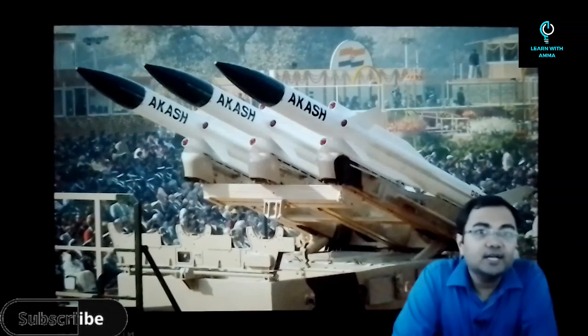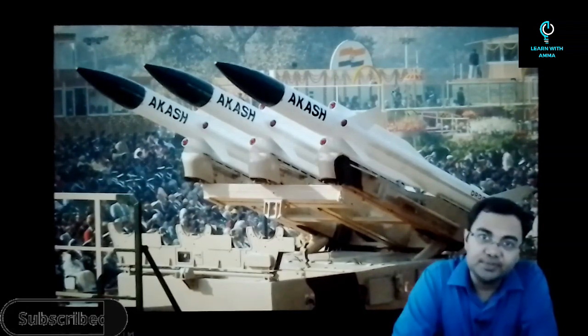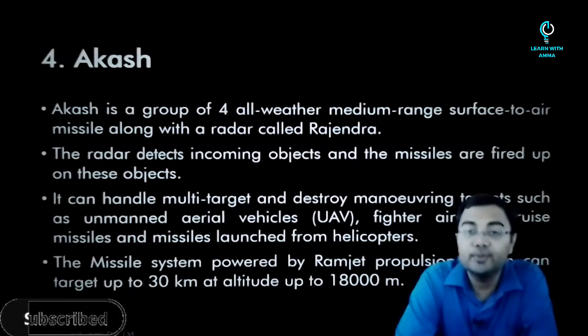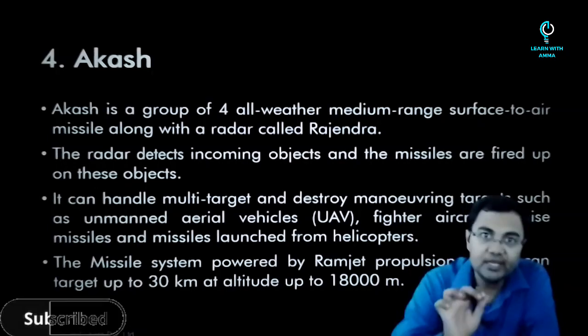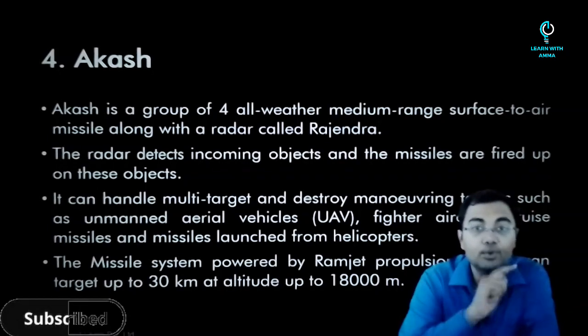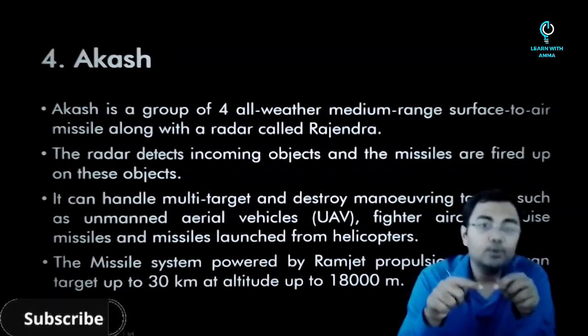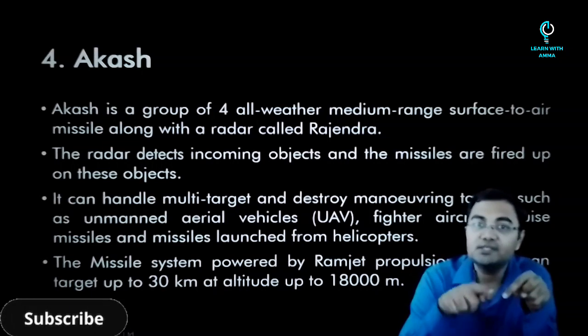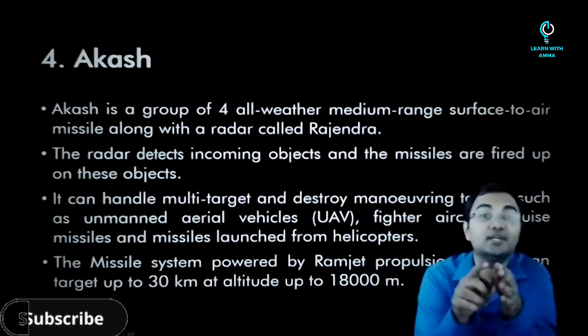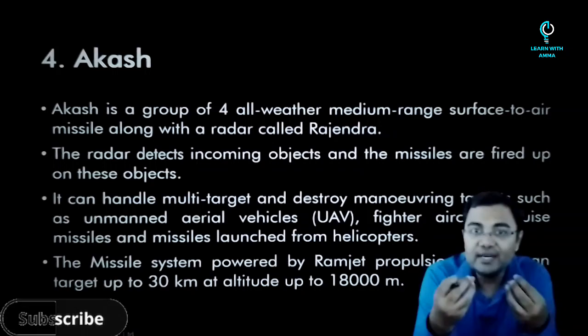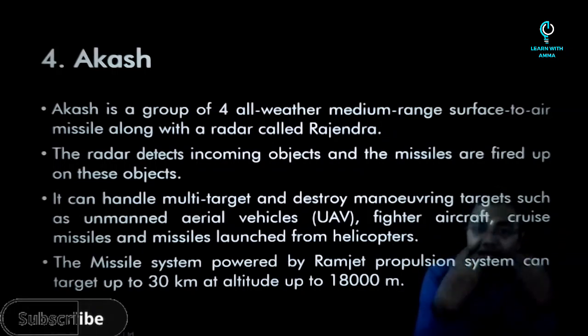Now the next missile that we need to discuss about is Akash missile. Now when we talk about Akash missiles, first of all you have to remember that this is a medium range surface to air missile. Most importantly, this is a surface to air. Please remember this. Now when a missile like this is surface to air missile, this is something that is usually used to attack anything or defend us against anything that is incoming.